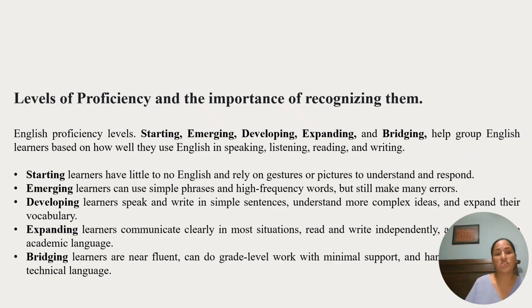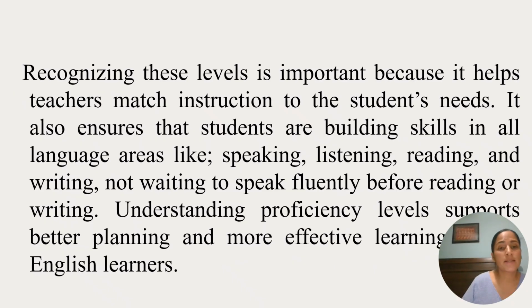On the levels of proficiency and the importance of recognizing them in English, we have the levels: starting, emerging, developing, expanding, and bridging. They help group English learners based on how well they use English in speaking, listening, reading, and writing. Recognizing these levels is important because it helps teachers match instruction to the students' needs.